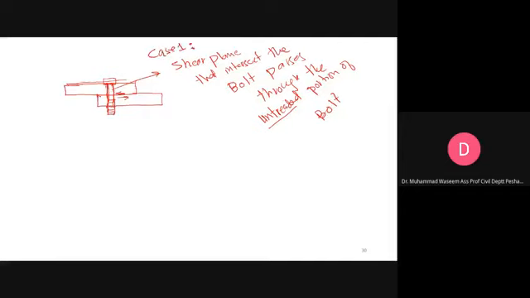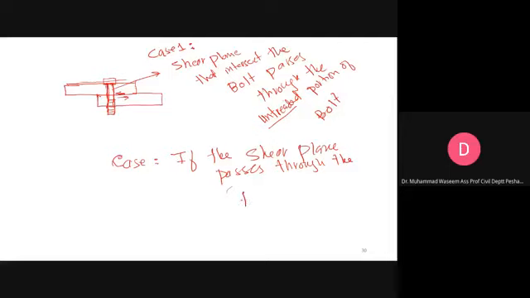Now case 2 is if the shear plane passes through the threaded portion of the bolt.